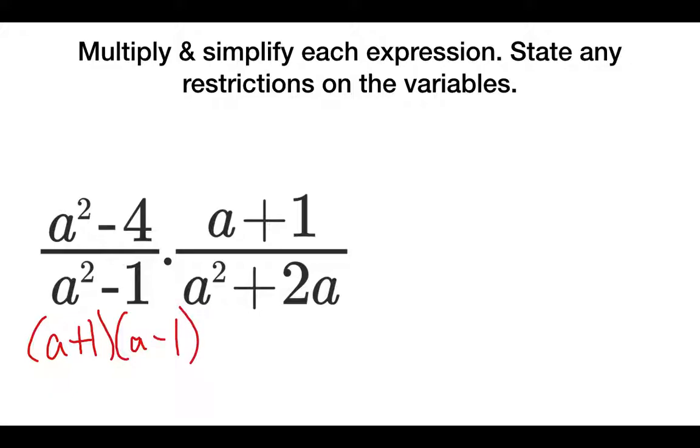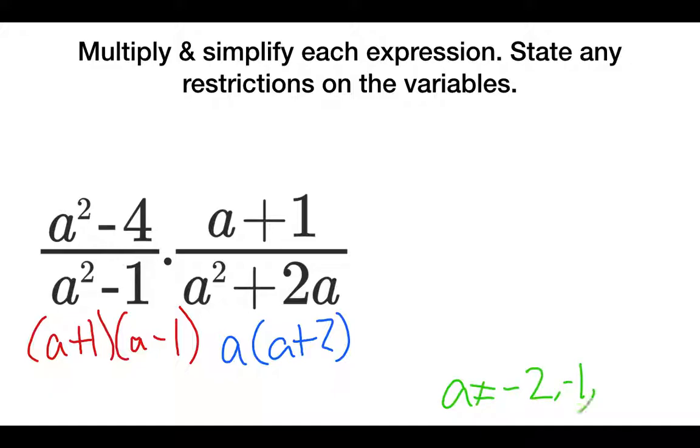And then the other part has a greatest common factor of a times a plus 2. That means a cannot equal negative 2, negative 1, 0, or 1.